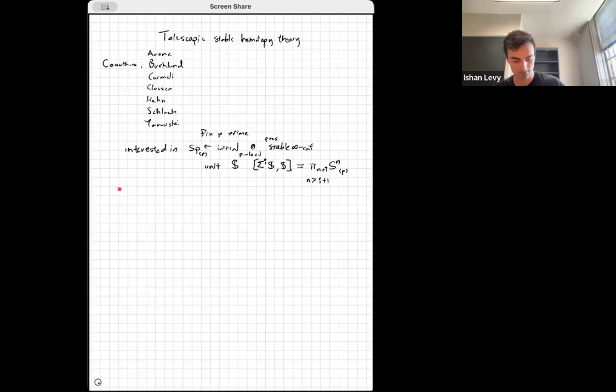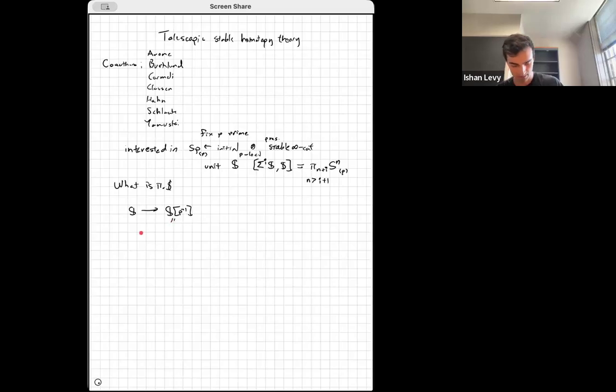And there's an approach, which is the telescopic approach to understanding this question, and it goes as follows. So the question is, what is pi star of S? What you can do is start with the sphere, and map to the sphere where you inverted p.